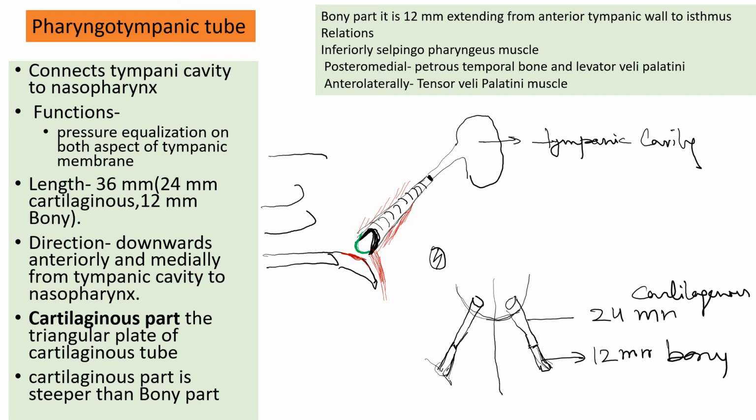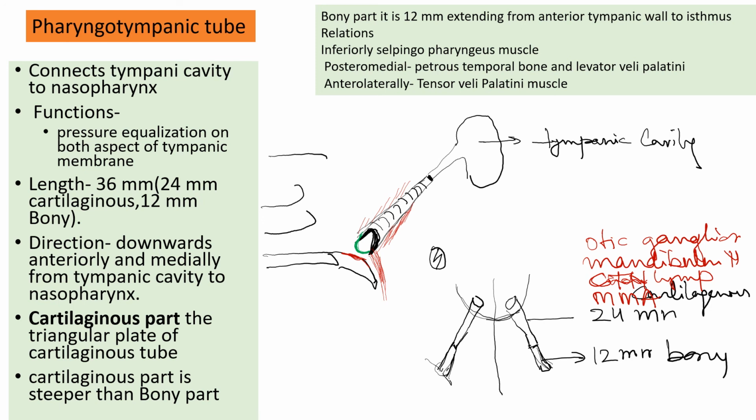Remember, it's the otic ganglion, the mandibular nerve, the chorda tympani nerve, and the middle meningeal artery, right? So the chorda tympani nerve, middle meningeal artery, all these will be separated from the tube by the tensor veli palatini muscle.